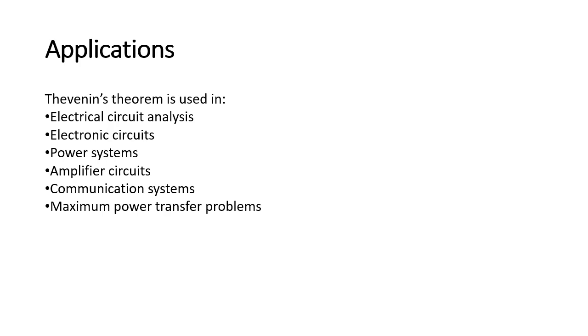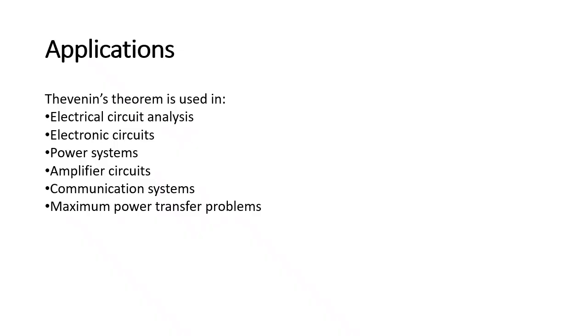After finding out this RTH, next we have to calculate the VTH value. For calculating the VTH value, we have to remove the load resistance and measure the voltage across the load terminals, which gives the open circuit voltage, and that voltage is called the Thevenin's voltage.